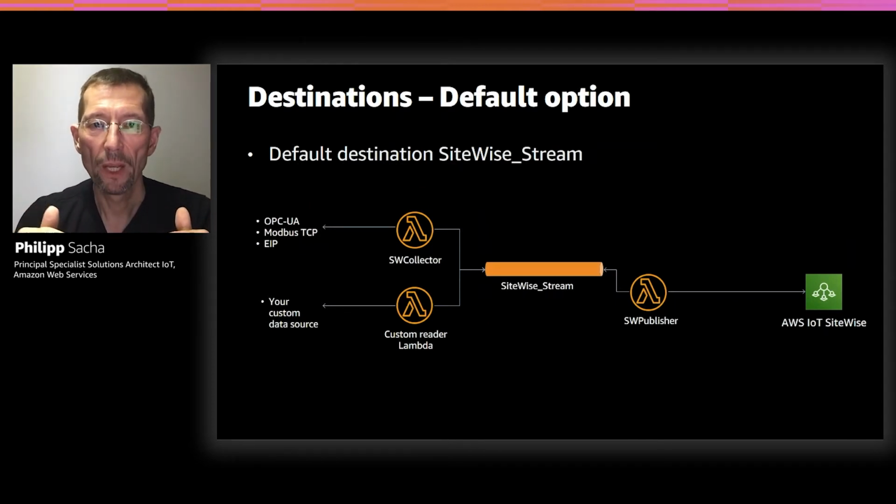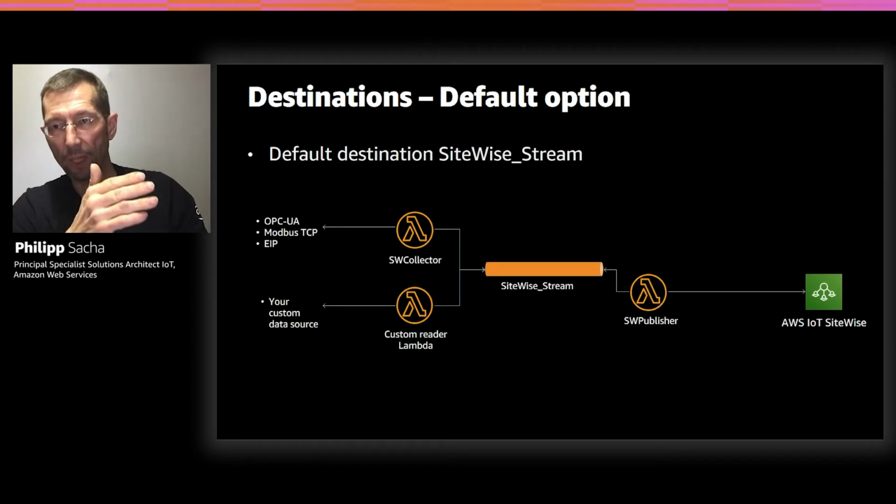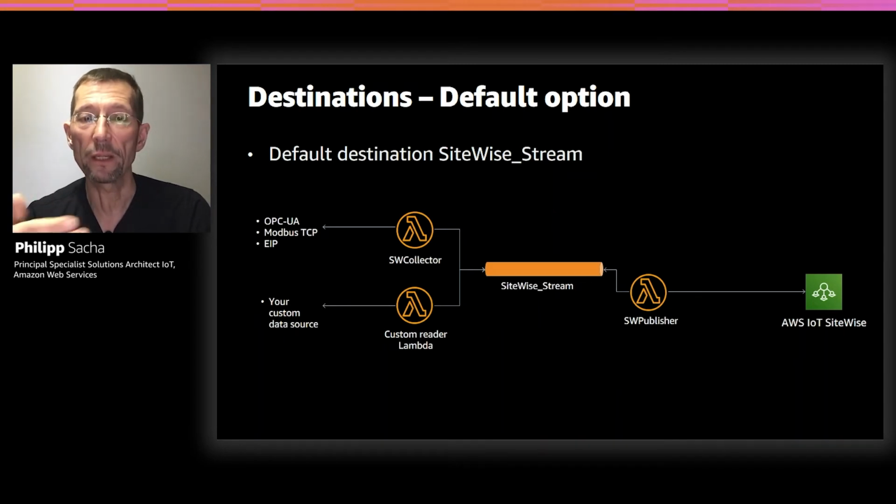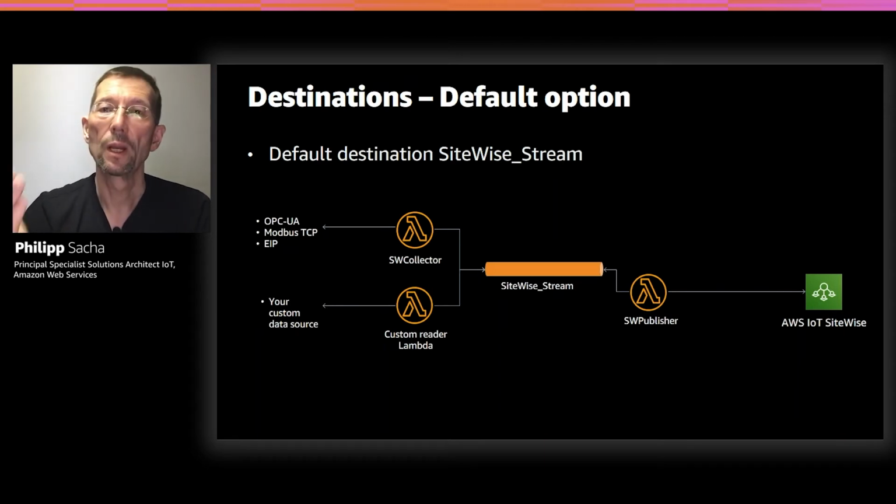So the default option is you install the AWS IoT SiteWise connector. It brings two Lambda functions, a reader or collector Lambda function that gets data from your industrial protocols. We supported OPC UA for a long time. At re:Invent, we also launched support for Modbus TCP and EtherNet/IP protocols. And the collector writes the data to the SiteWise stream.